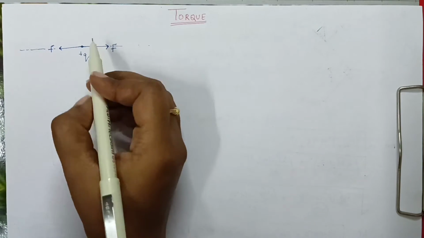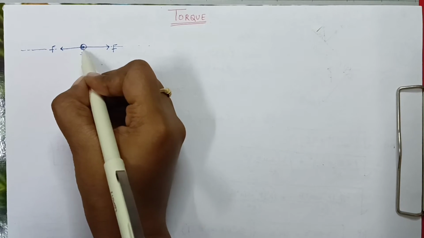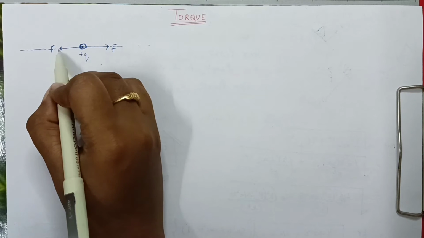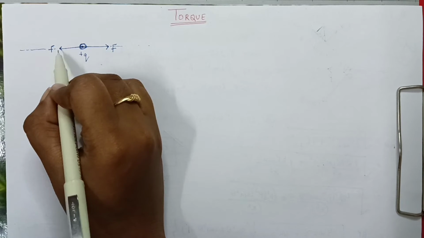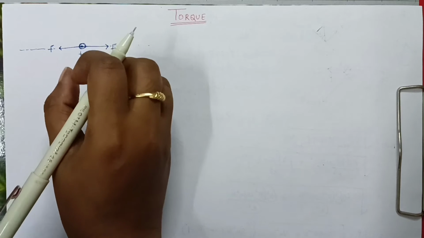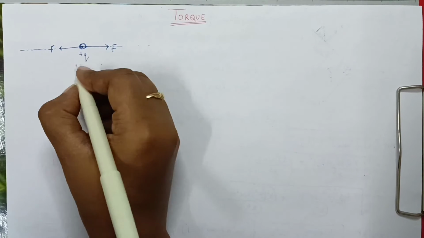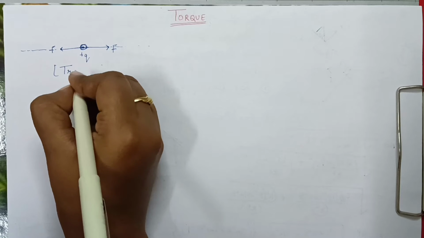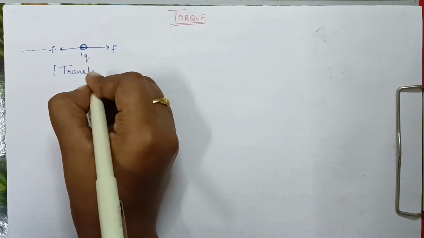In this case, what will happen to this plus q charge? Because one force is in this direction and the other force is in the opposite direction, both with the same magnitude, this charge plus q will be in translational equilibrium.